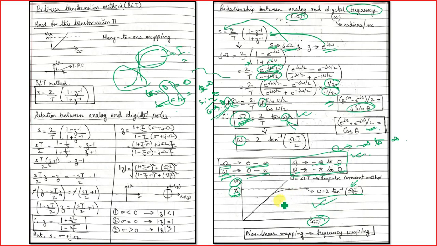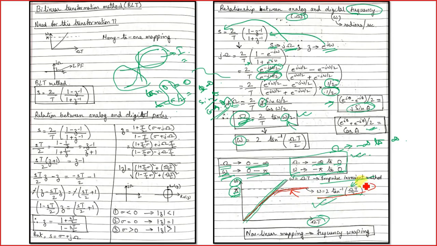What does that mean? That means when you are putting this equation over here, unlike in the impulse invariant method where we were having a straight line, in this case it will be increasing, and then it will start compressing. It will never reach infinity. So you will be getting a profile something like this.